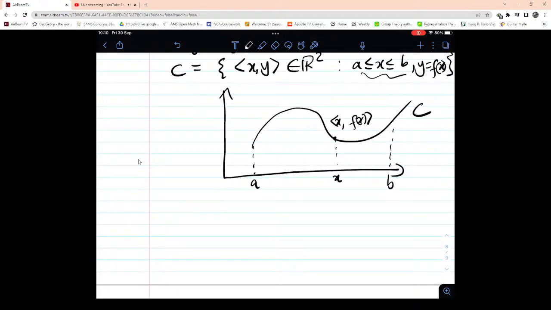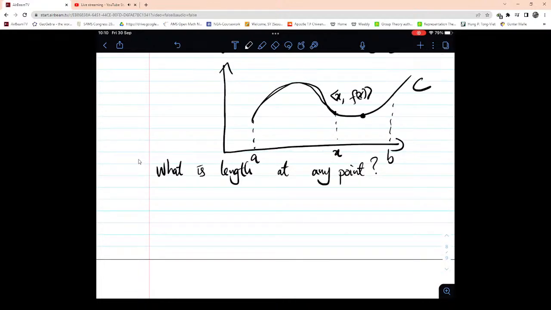So the question is, what is the length at any point? If we think of x here, what would be the point there? If we go there, what is the length in general? That means we need a formula to be able to do this. So how do we derive our formula to find the length? That's the next part.